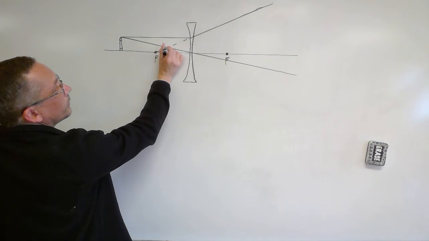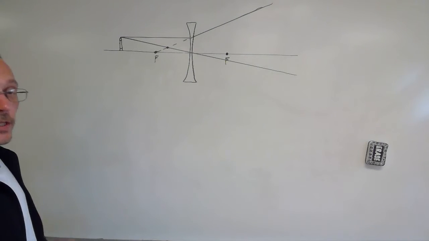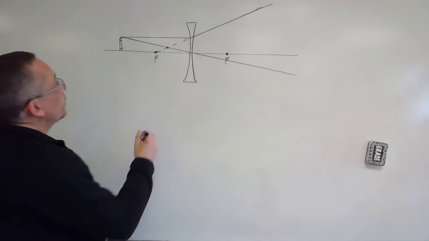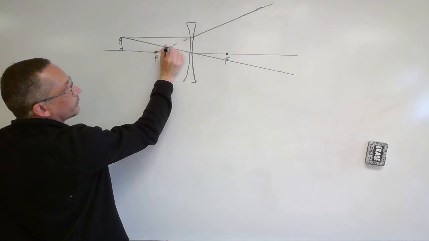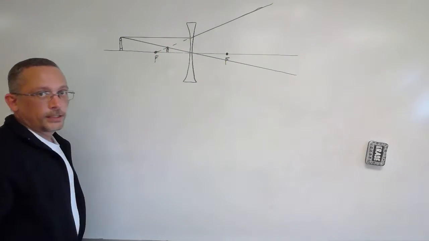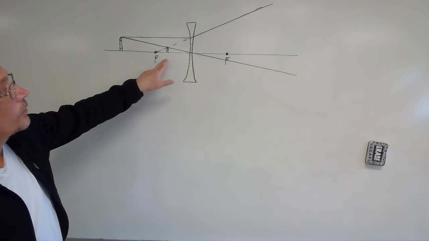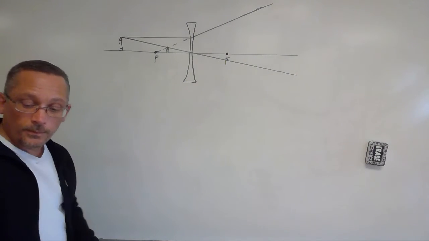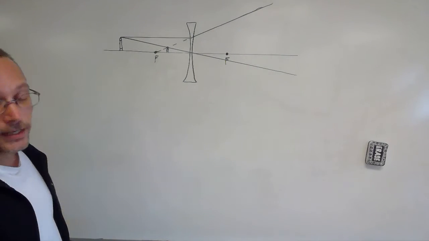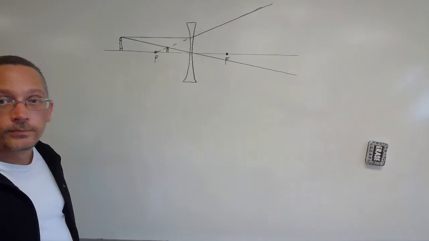They intersect right here. Okay, so that right there would be the top of my image. So the pencil will appear like this. Looks tiny there now, right? The image is tiny. So you can see the image is closer to the lens. It's much smaller. It's right side up still. And it is on the same side of the lens as the object is.